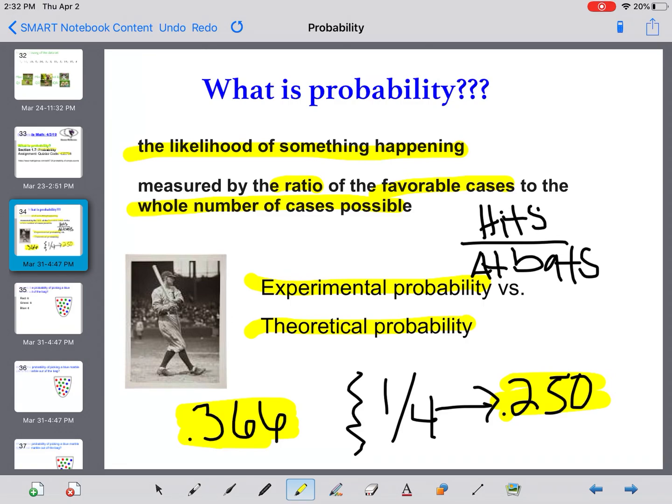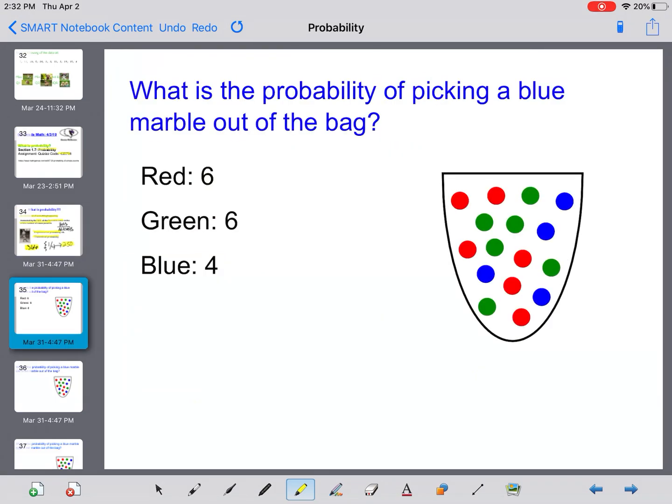So, theoretically, the likelihood of him getting a base hit would be 366 out of 1,000. Right here, this is different because experimentally, maybe he just had a bad game and batted .250 instead. Okay? So for these, we'll be finding theoretical probability.